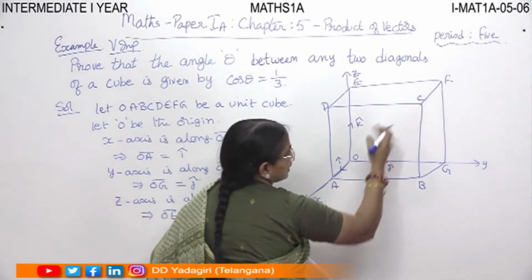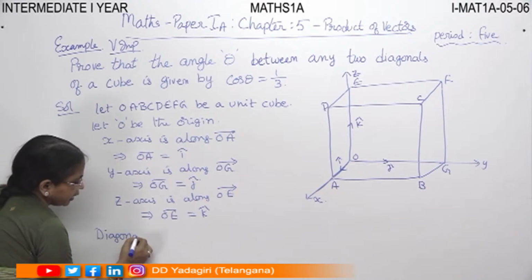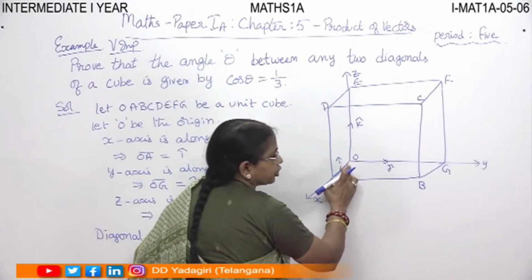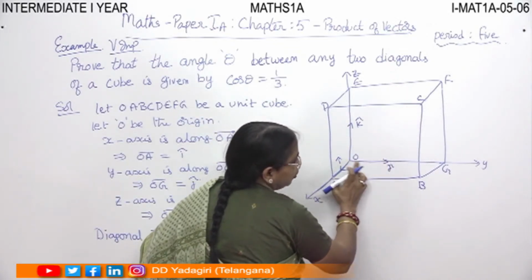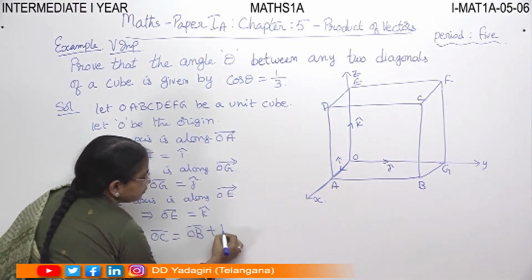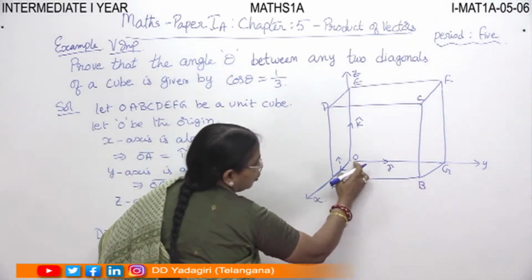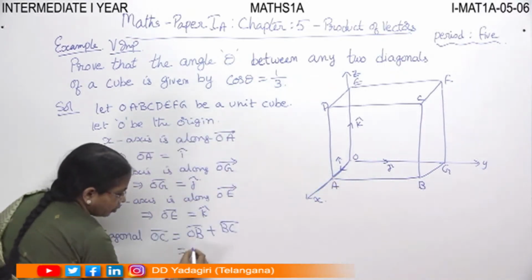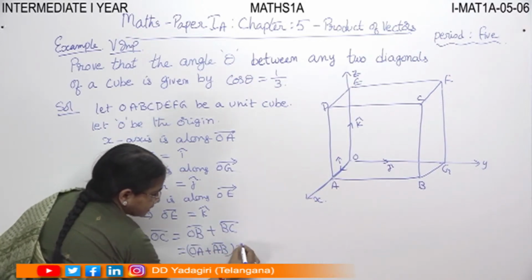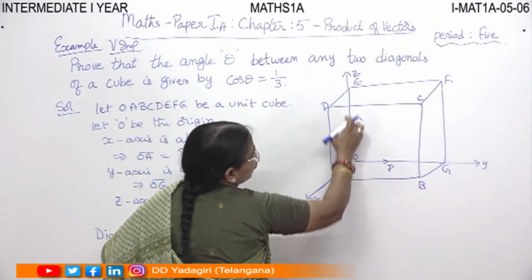So we'll take OC. OC is one diagonal. When you take OC, according to the triangle law of vectors, OC is equal to OB plus BC. Now again, what is OB? OB is nothing but OA plus AB. So OC is OA plus AB plus BC. But BC is the same as OE.